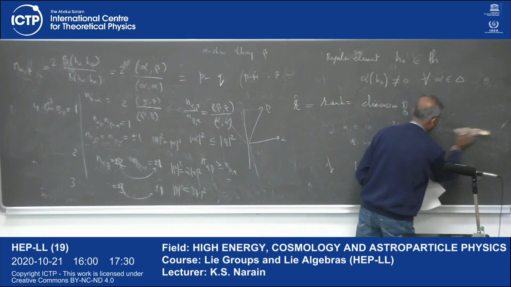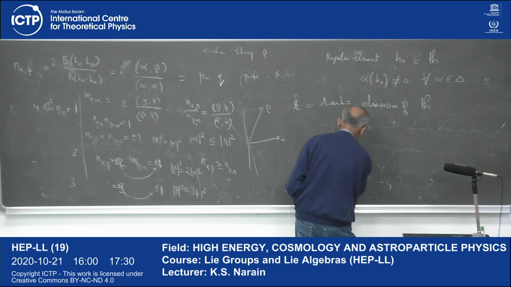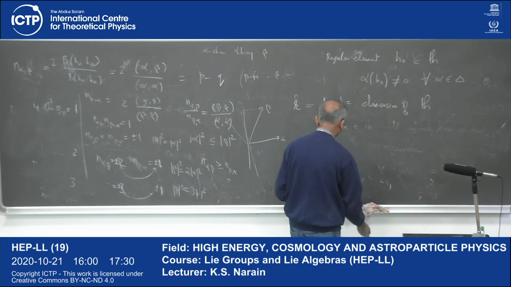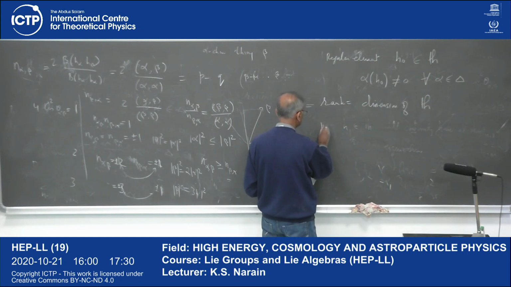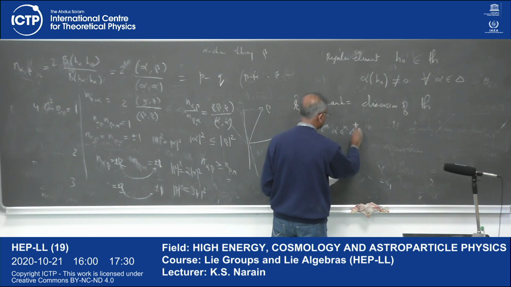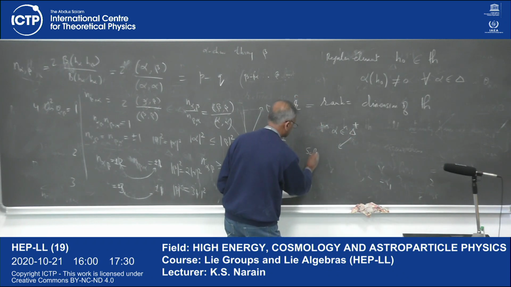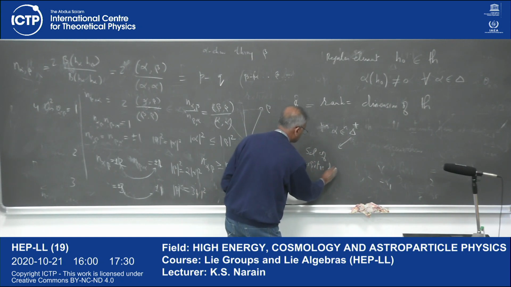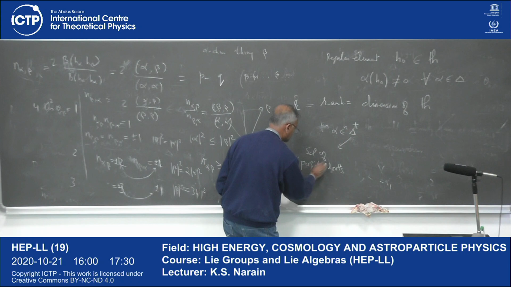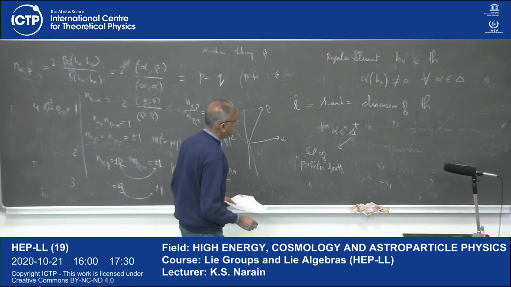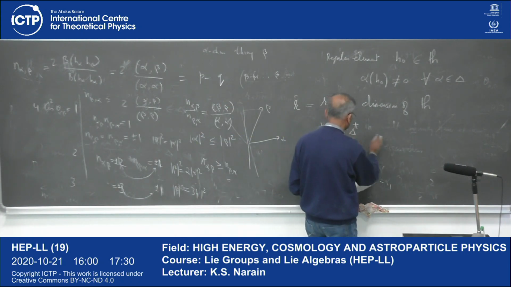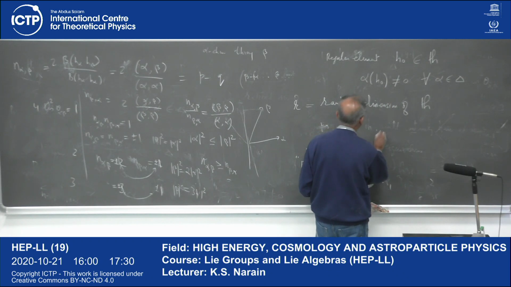Then I can define the concept of positive roots and negative roots. We define that the set of positive roots, alpha belonging to delta plus, are the ones for which alpha of H0 is positive.